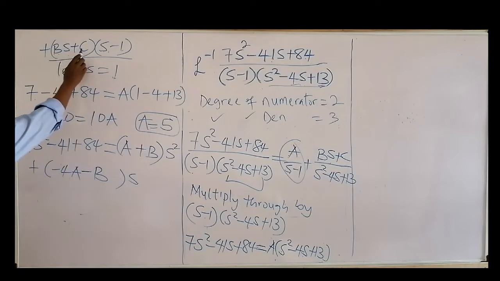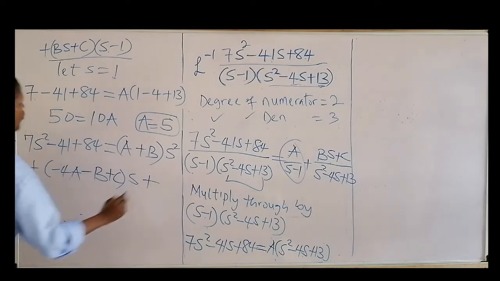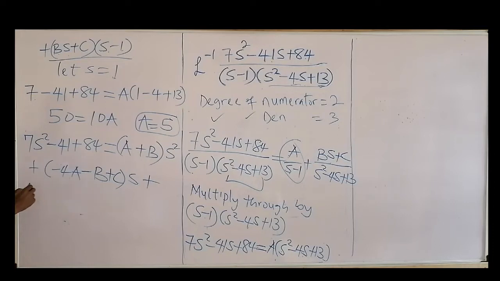And then for the constants, we have 13a, followed by another constant, that's minus c. So that's what we have. Equate the coefficients.